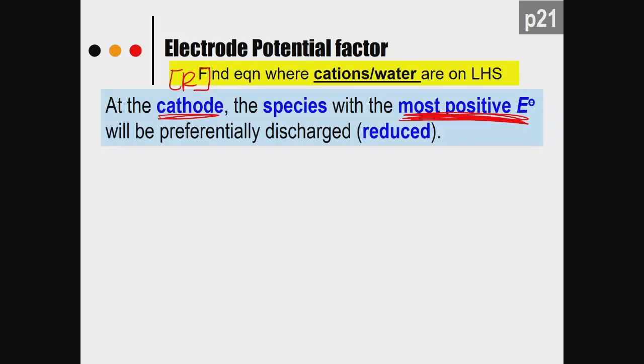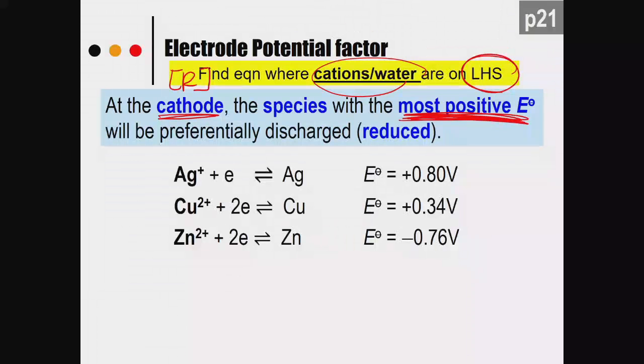So remember, I want reduction to occur. So when you find the species from your data booklet to get the E0 value, the species that you are looking at must appear on the left-hand side of your half equation. So in this example here, if I have an electrolyte that consists of Ag+, Cu2+, and Zn2+, how do I decide which one will be the one that is reduced first?